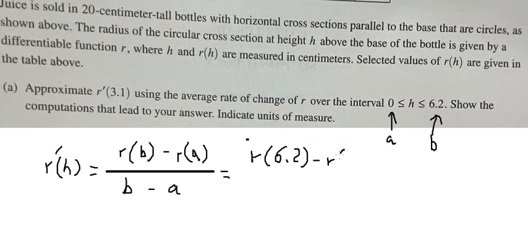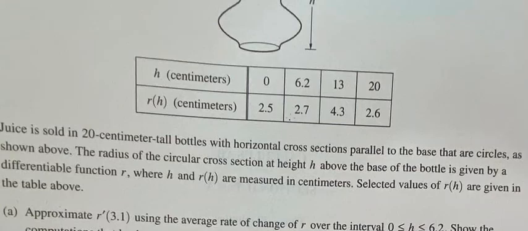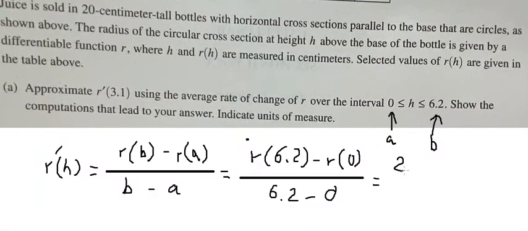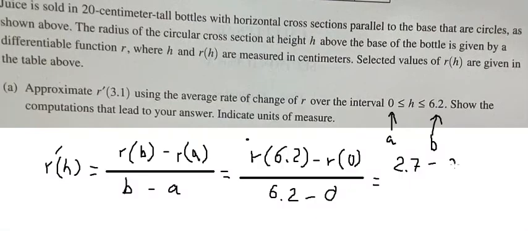minus r of 0, over 6.2 minus 0. So r of 6.2, you get 2.7 here, minus r of 0, that is 2.5.